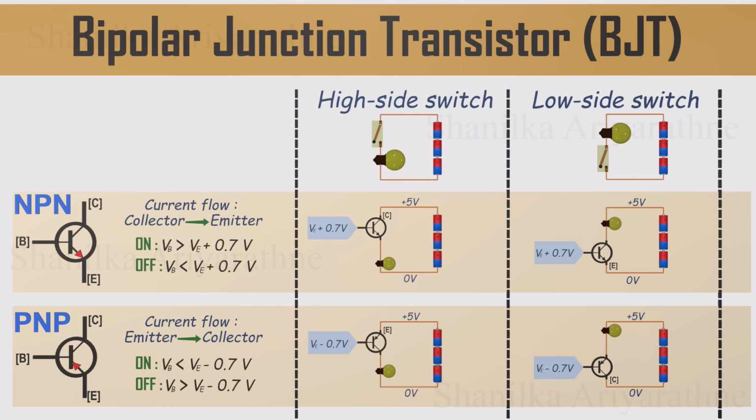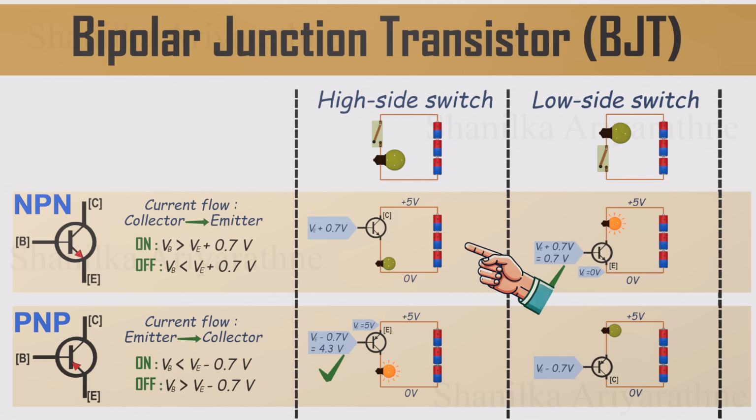For a PNP, it needs to be 0.7 volts below the emitter. Now, when you're using an NPN transistor for low-side switching, with the emitter connected to ground, it's simple. Just apply 0.7 volts or more to the base, and it switches on. Easy. Same with a PNP used for high-side switching. If the emitter is at plus 5 volts, you just pull the base down to 4.3 volts or lower. Boom, transistor on.